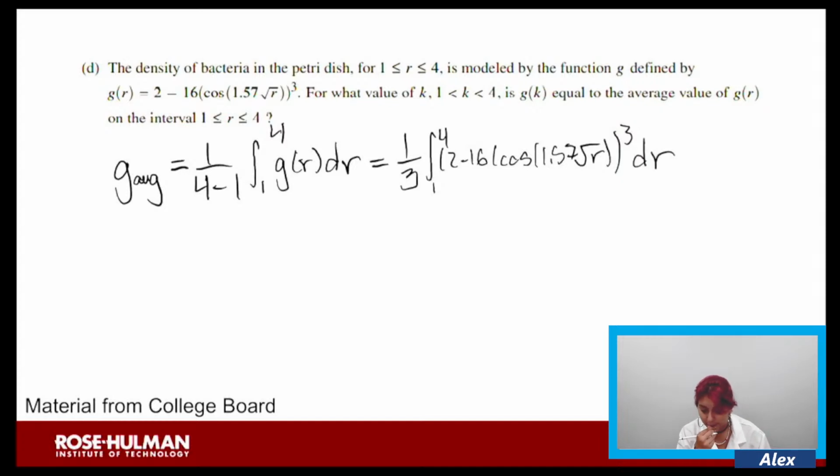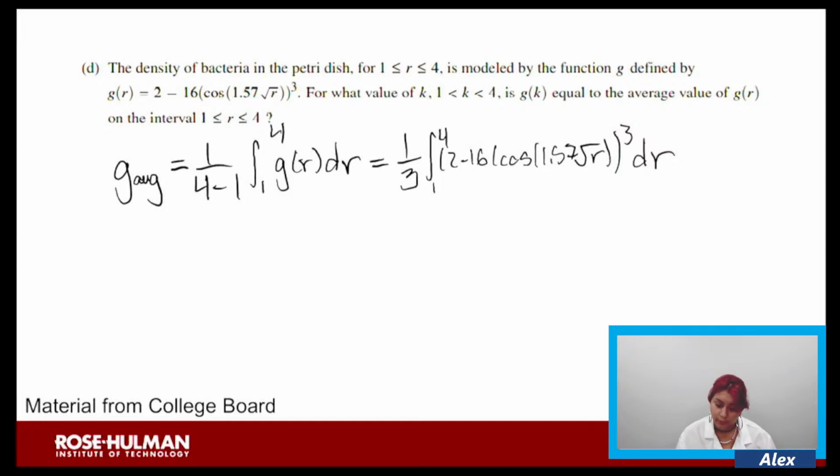dr. For this one, I would recommend using your calculator, because this integral is possible to do by hand. However, it is very involved and will take you longer than you would want to spend on the fourth part of an exam question, because you don't have that much time.